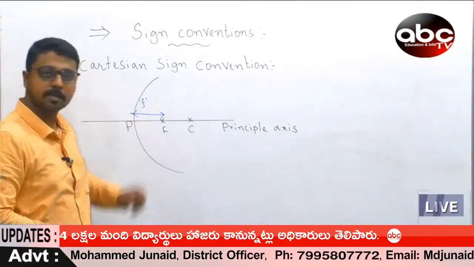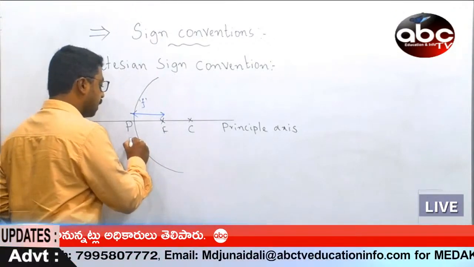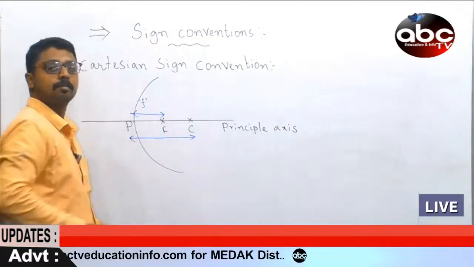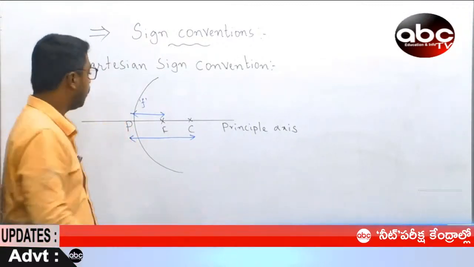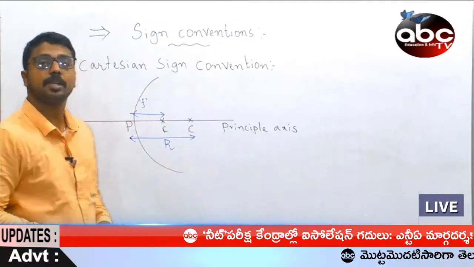This we already discussed. And one more point here. The distance between pole and center of curvature. These are also two fixed points, the pole and the center of curvature. This is referred to as the radius of curvature.